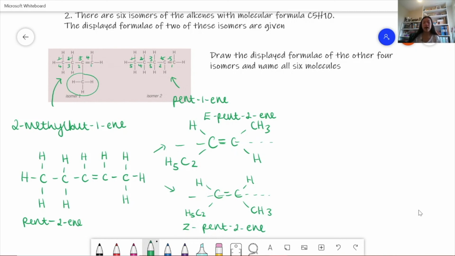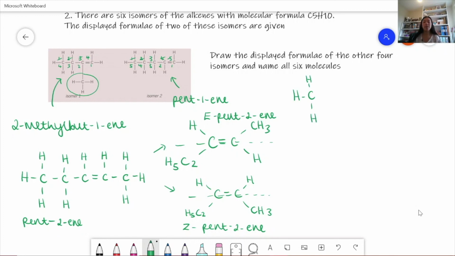There's still two more. So now we've moved the double bond, maybe we could try moving the methyl. So if we use isomer 1 and move the methyl to the third carbon, that forms another isomer. So we have CH3.